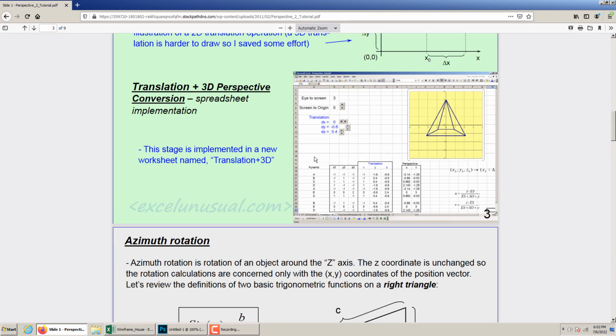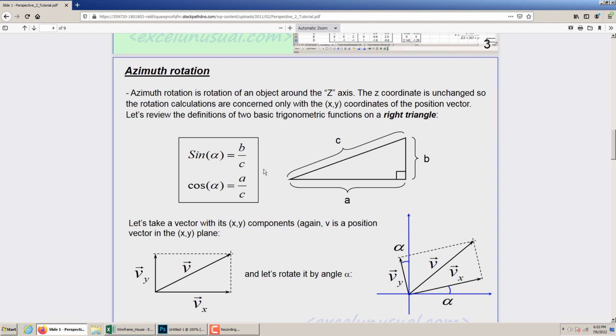You can click on PDF view, and it shows you a right triangle with a 90-degree angle right here. If you label the lengths of these sides A, B, and C, C is the hypotenuse, and A and B are the catheti. Alpha is right here.